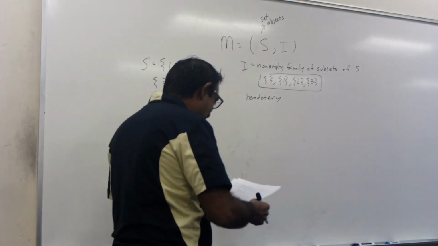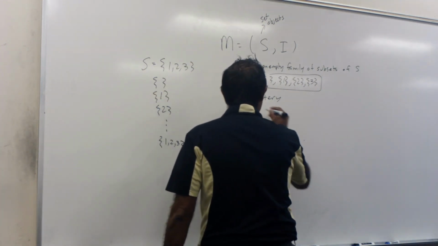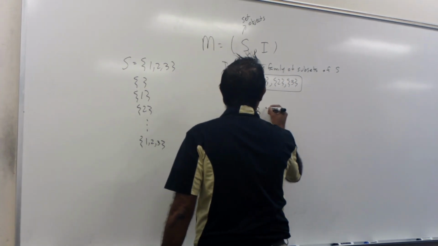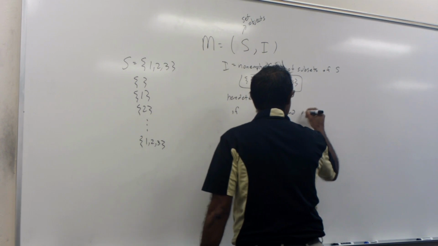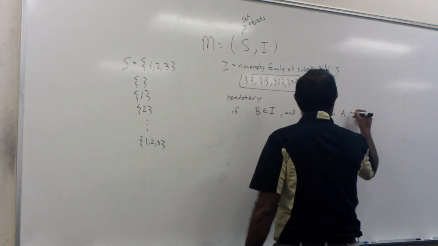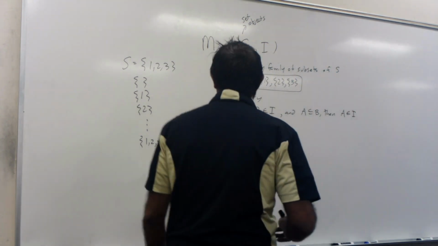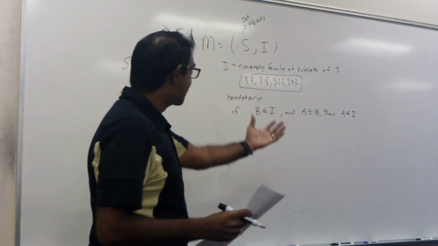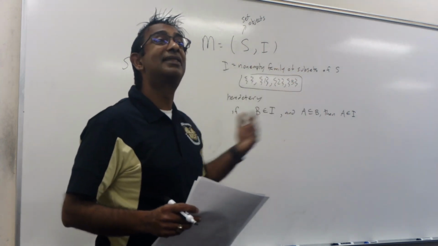All right. So the hereditary property is as follows: if some subset B belongs to I, and A is a subset of B, then A belongs to I. So if you've got a larger subset of S and it belongs, all of its subsets have to belong.